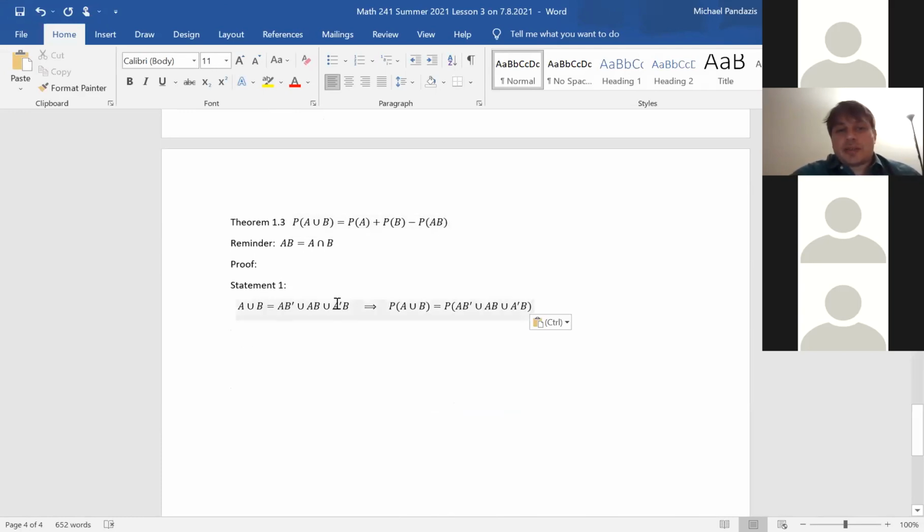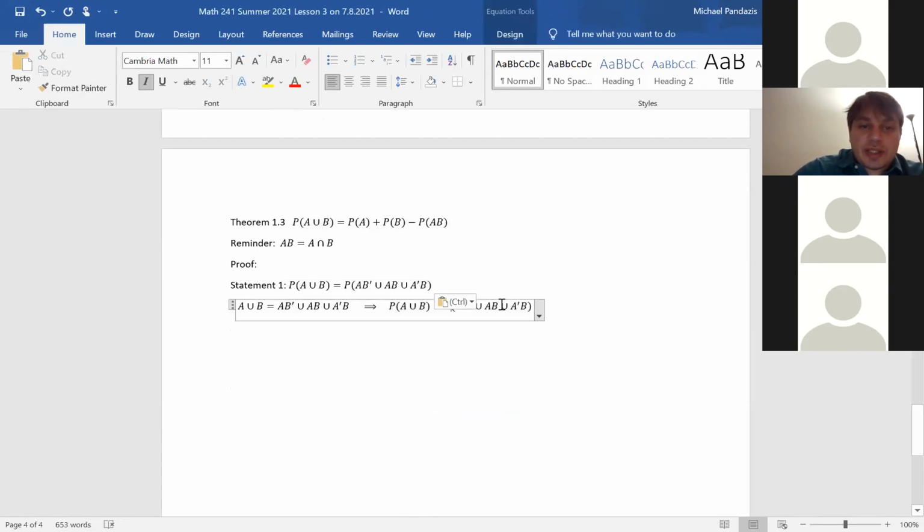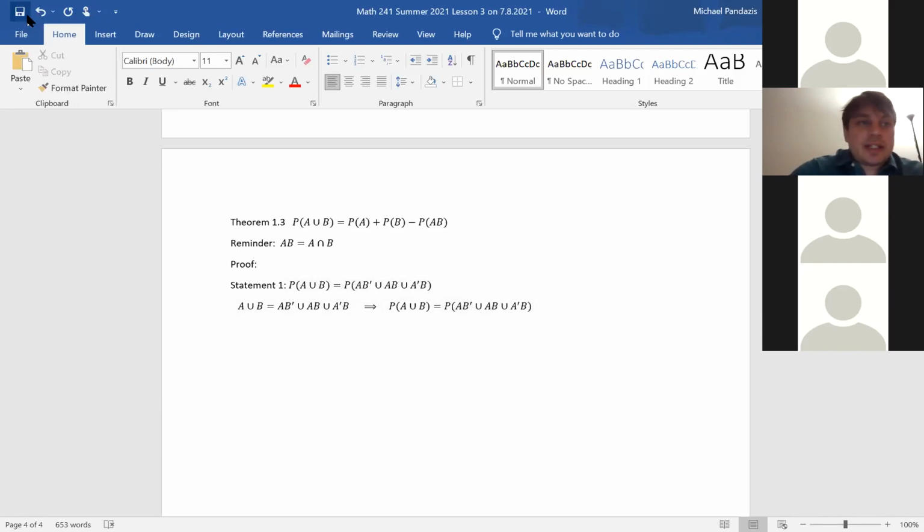So A union B is equal to the union of these three sets. So that means the probability of this set is equal to the probability of that set. And so that's what I wanted to prove. Statement 1 is that. So if this set equals that set, therefore the probability of the left side equals the probability of the right side.